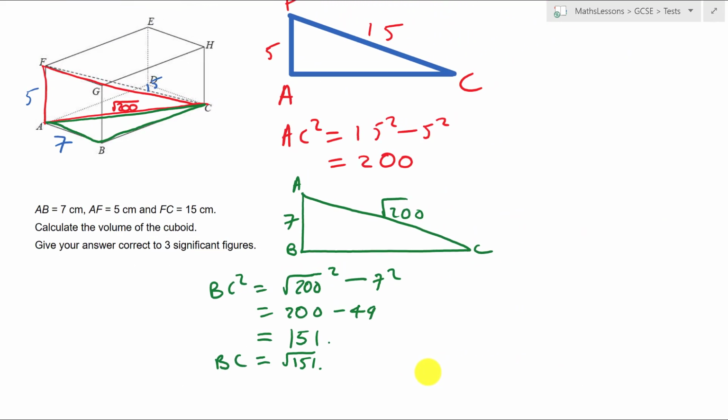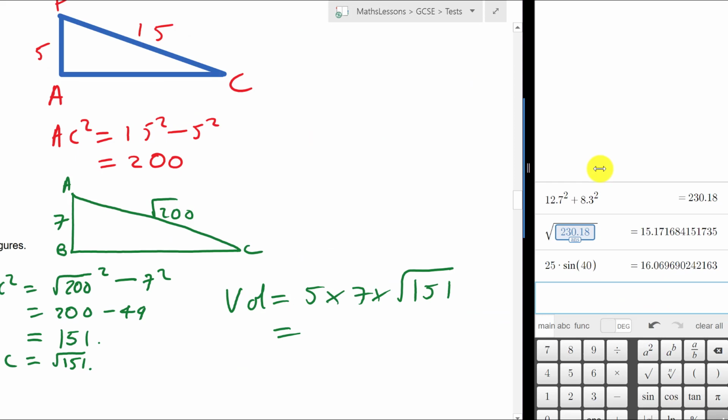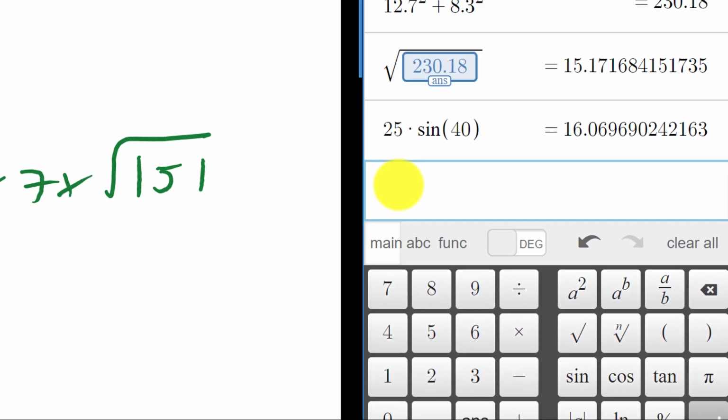So our volume of the cuboid is 5 times 7 times that. So the volume will equal 5 times 7 times square root of 151, and we wanted 3 significant figures. So we're going to our Desmos.